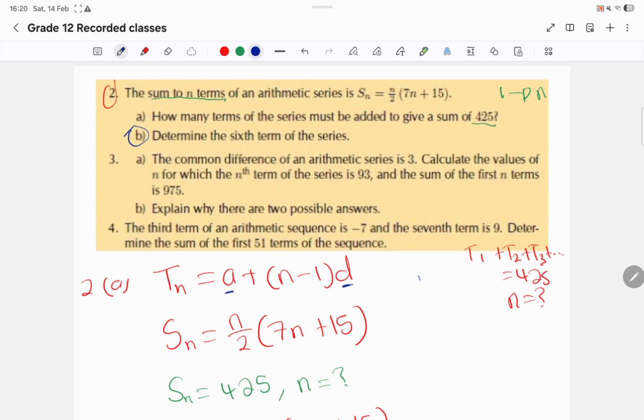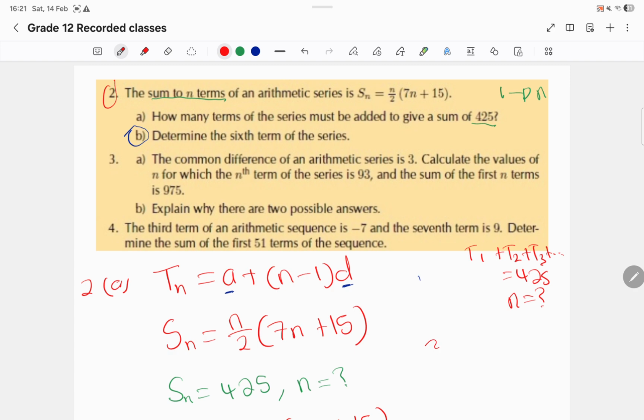So what we need to do is get the value of a. How do we get the value of a? Firstly, remember your formula of the sum is given by this.